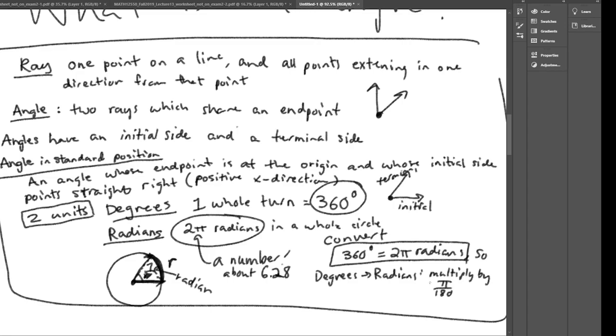You could also think about this as 2 pi over 360, but that simplifies down to pi over 180. If you want to convert from radians to degrees, you do the reverse.